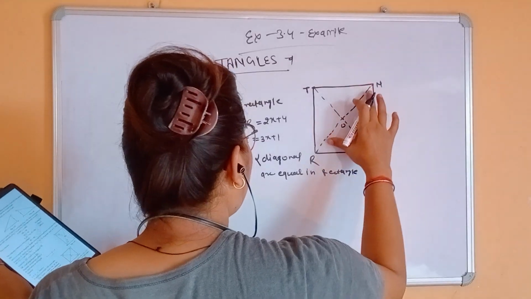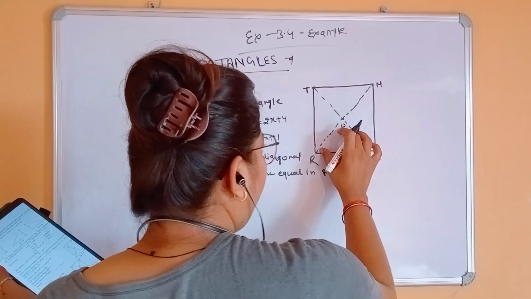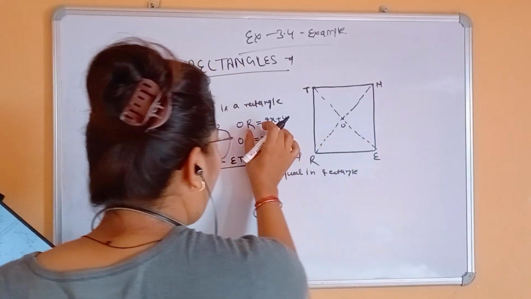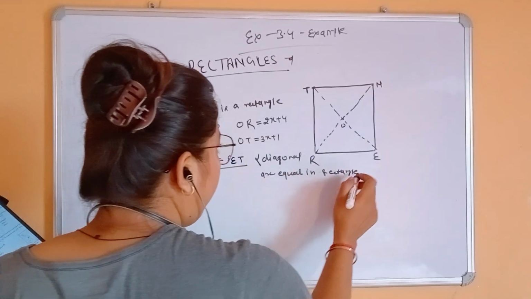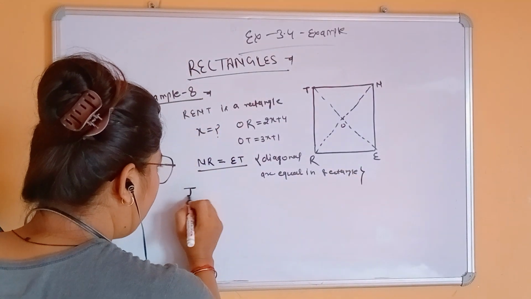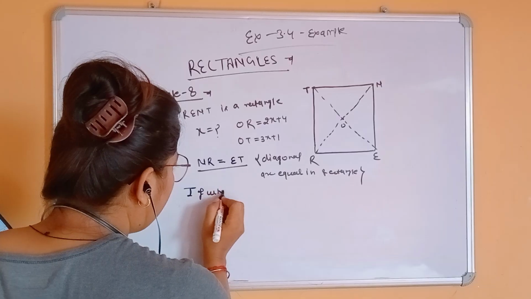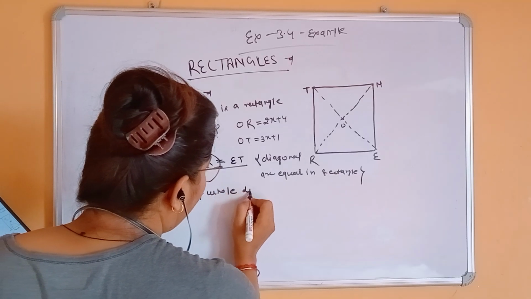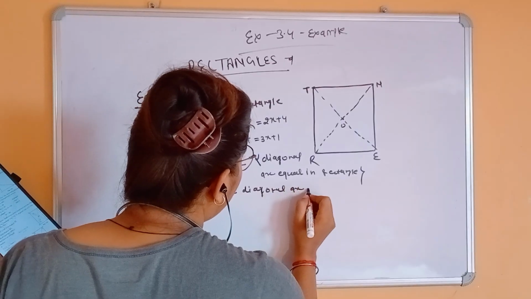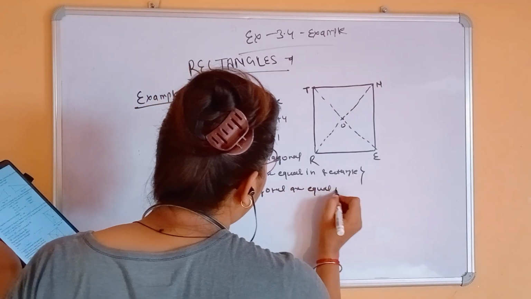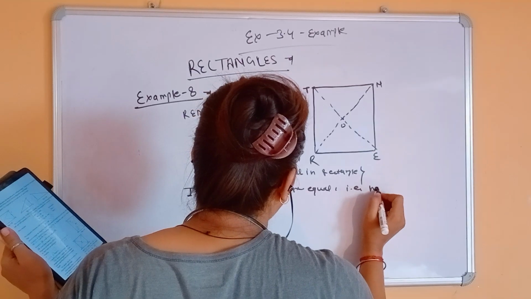So if whole diagonals are equal, then we can say half diagonals are also equal.